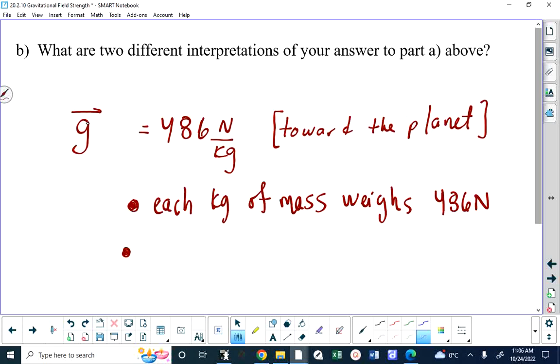What else is important about that 9.81? It's the acceleration due to gravity. So another way to interpret this is the acceleration due to gravity is negative 486 meters per second squared.